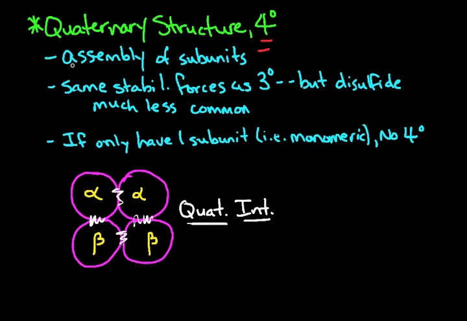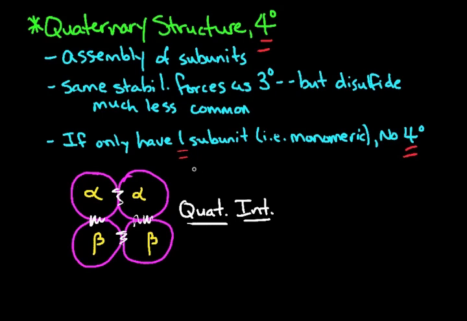Quaternary structure involves the assembly of subunits. Okay, so you cannot have quaternary structure if you don't have more than one subunit. That would be stupid. You can't assemble subunits if you only have one. So quaternary structure describes the interactions between the subunits.